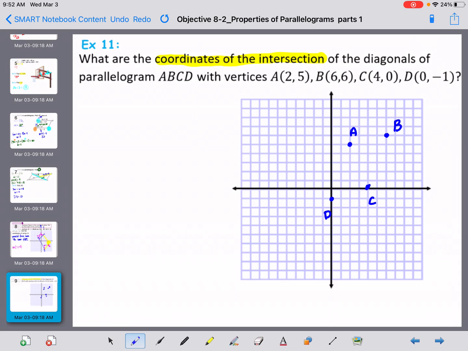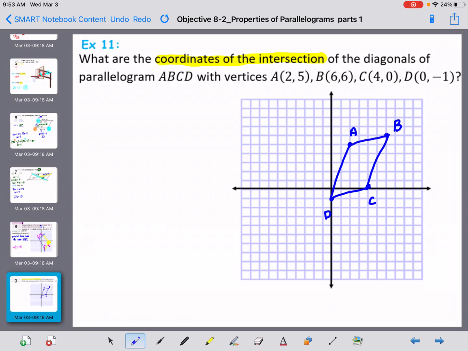So let me double check these. 1, 2, 1, 2, 3, 4, 5. 2, 3, 4, 5, 6. 1, 2, 3, 4, 5, 6. 1, 2, 3, 4, and I don't go up. And then don't move and go down 1. Okay. So here's my parallelogram.